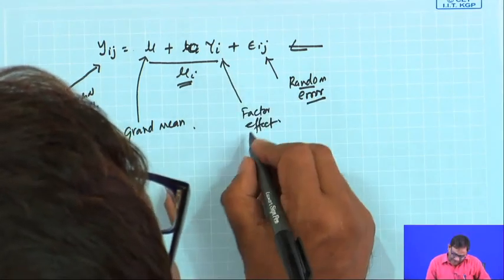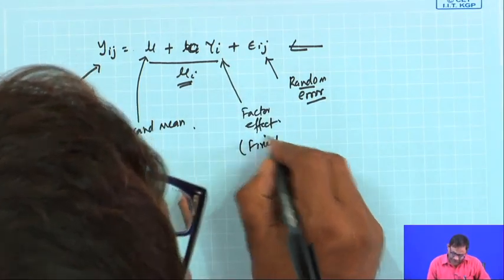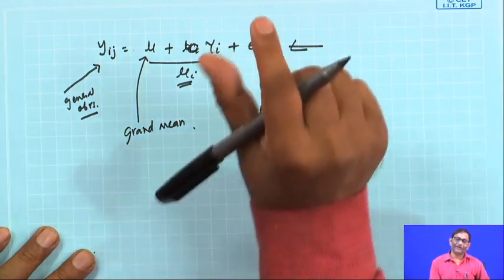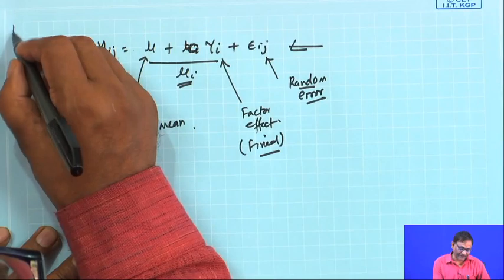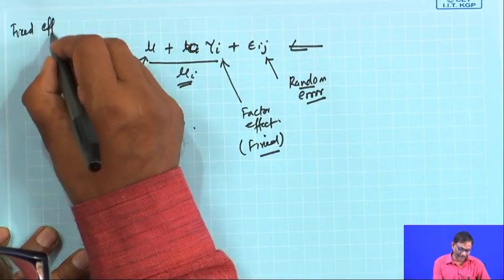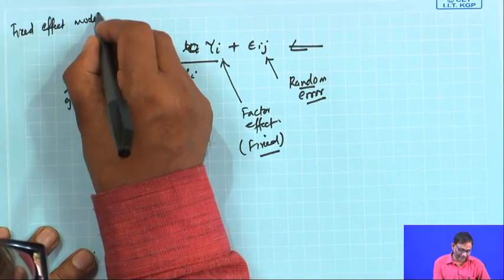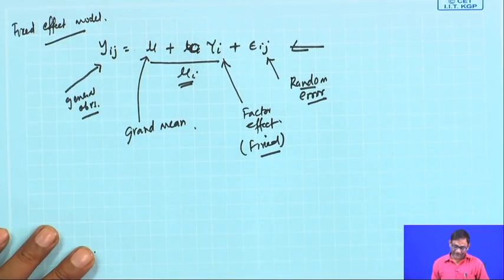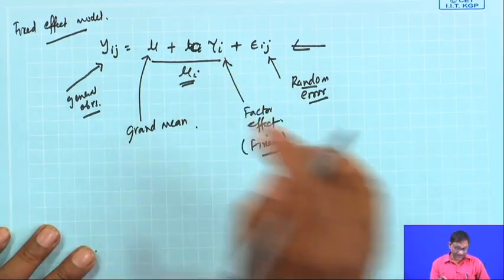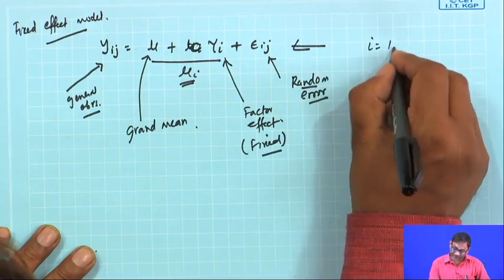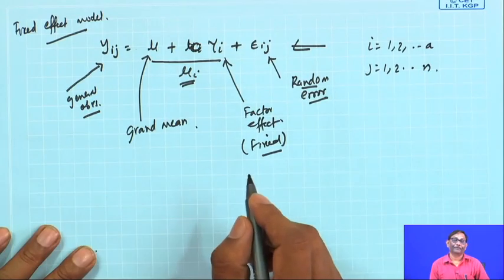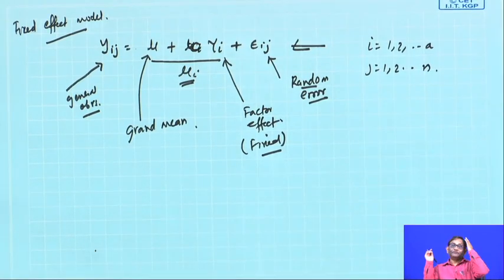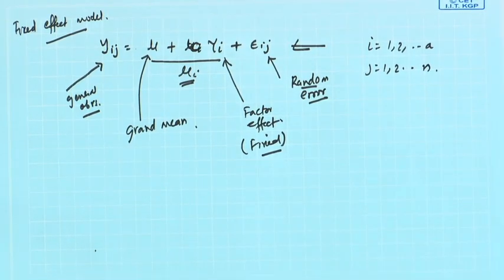So, if tau i is fixed, it has a particular effect that is constant, then this model will be known as the fixed effect model. Here i equals 1 to a, j equals 1 to n. This is our model, that is the one factor ANOVA, single factor ANOVA model.